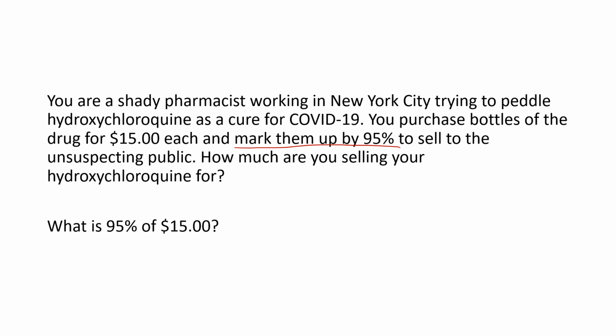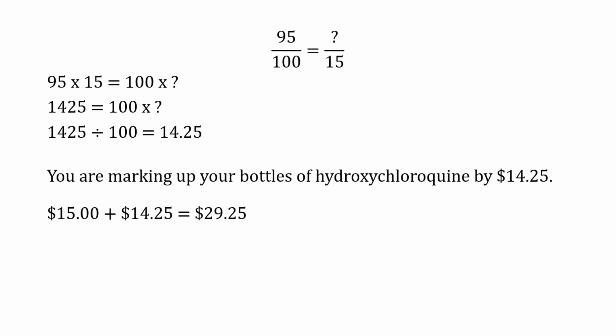So let's start with, what is 95% of $15? How much more am I going to mark up these bottles of hydroxychloroquine? 95 is our percent. What is our variable? And is 15.